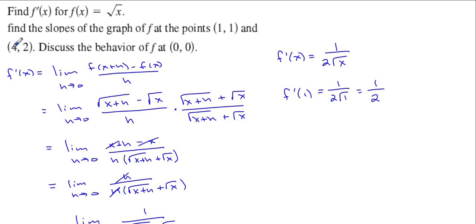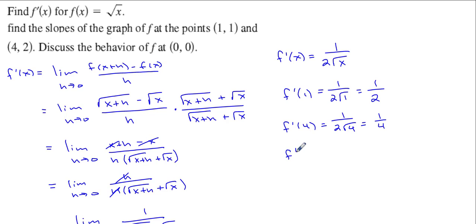Now let's find the slope at 4. F prime of 4 is 1 over 2 radical 4. Root 4 is 2. 2 times 2 is 4, so 1/4. Coincidentally enough, they gave us square numbers, right? So these problems are kind of easy.